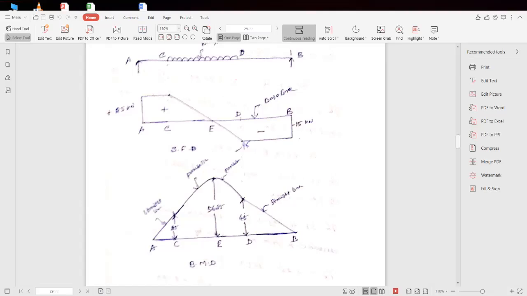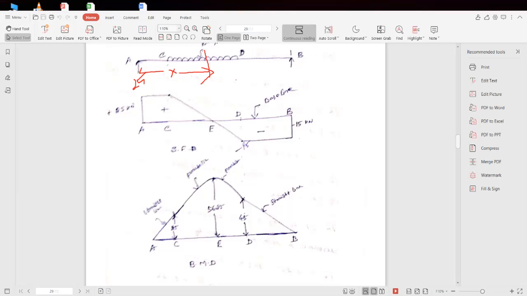Then in between C and B, you have to find the bending moment. So if you take a section between C and D, you can find the bending moment value. So I am taking the section here. The value here is 25. So what is the bending moment? 25 into this distance, that is the x distance, right?